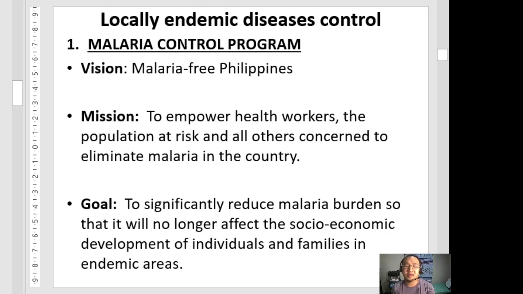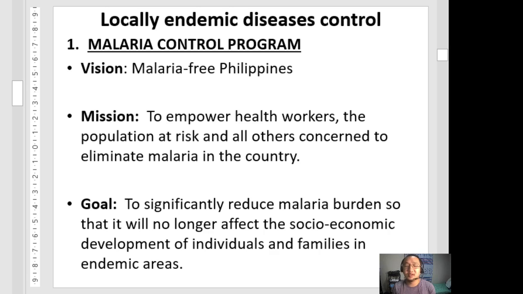So in the event that there is an epidemic, there will be collection of mass blood smear. Okay, so several people will be asked to submit samples of their blood.